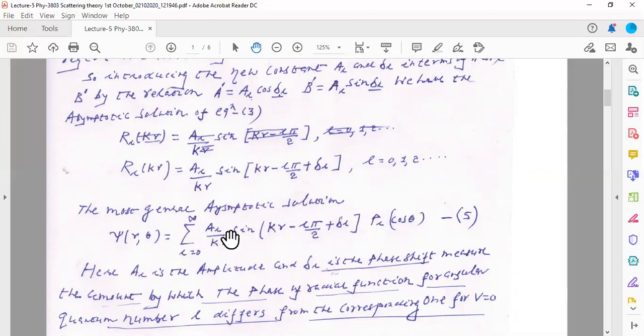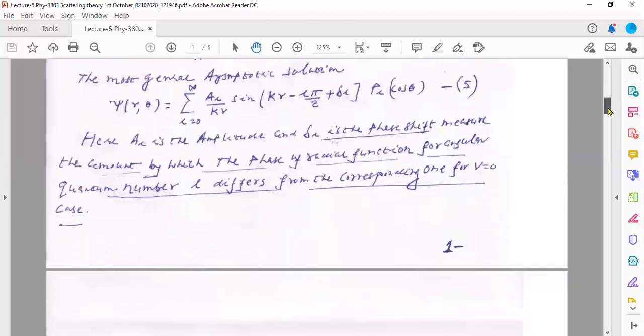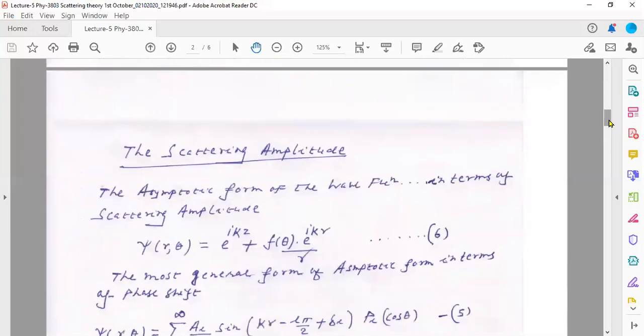So now, once you know this equation number 5, and we have equation number 6, which we have already developed. This is the asymptotic form of the wave function in terms of a scattering amplitude.